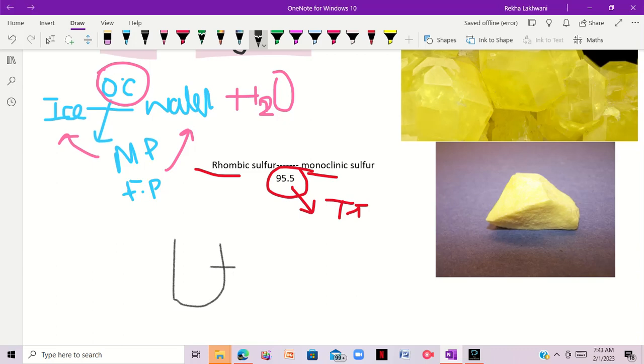So here we will put a non-polar solvent, carbon disulfide, and we'll put alpha sulfur into this. When we heat this, alpha sulfur will be converted into beta sulfur. But at the transition temperature, both forms will be present in that solution, right?